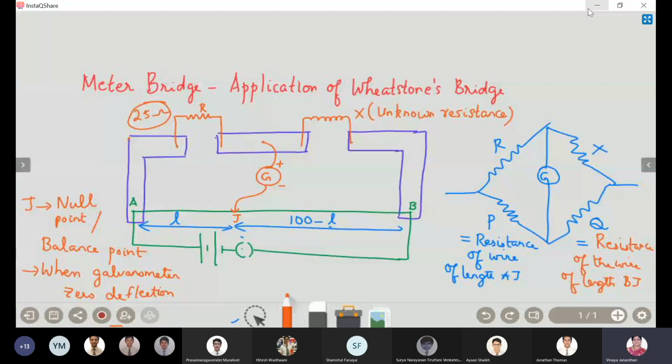Say at point J the galvanometer shows zero deflection, right? In that case, the entire bridge is said to be balanced, which means R upon X must be equal to P by Q.